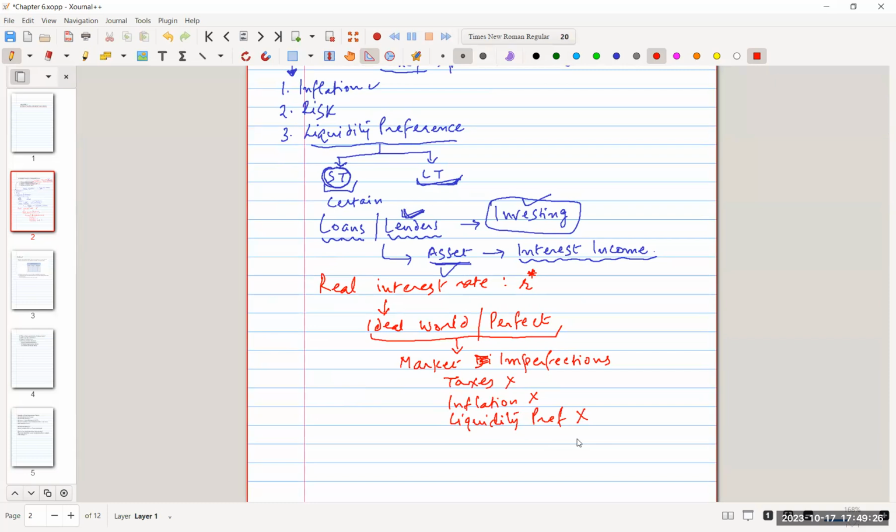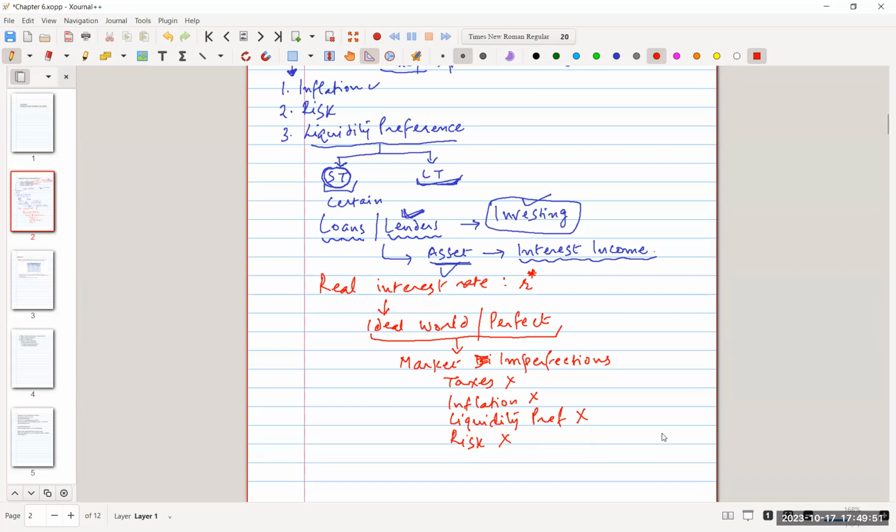So whatever and whoever is deserving of whatever interest rate, they will get that. Nothing will interfere with that. No taxes will interfere. No inflationary forces will interfere. No liquidity preference will interfere. And there will be no type of risk as well. You can feel assured, you can feel certain that you are not going to be shortchanged. If you deserve something, you will get it.